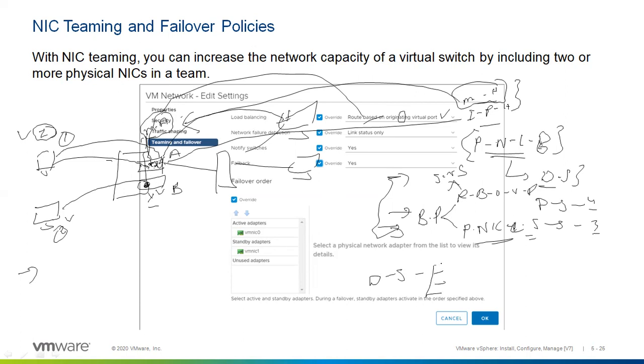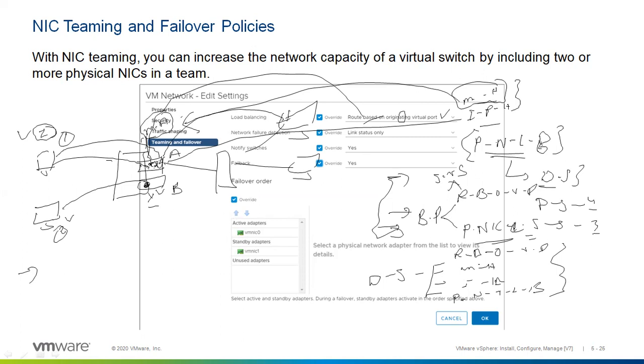I told you, in distributed switch you will find four: route based on originating virtual port ID, MAC hash, IP hash, and physical NIC load balancing. Now tell me which policy you have selected from here first. Then only it will take the decision how the traffic will go in and out.